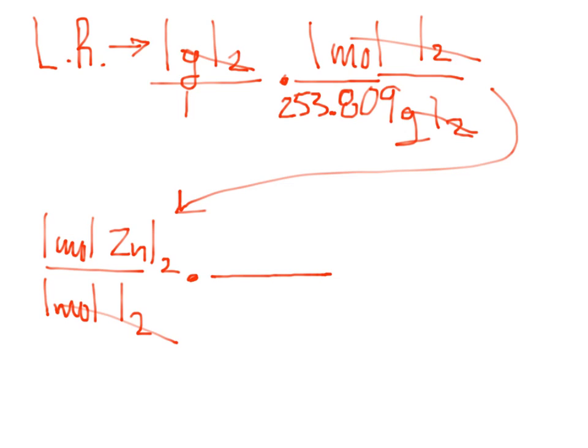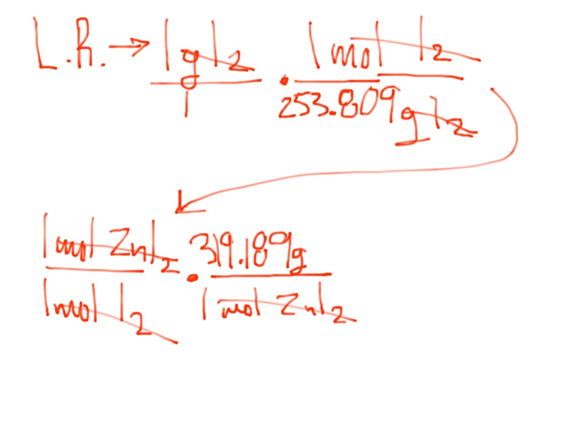And now we just get the molar mass of ZnI2 to figure out how many grams theoretically we will have. So in 1 mole of ZnI2, we can cancel those moles out, so we're just left with grams. There are 319.189 grams of ZnI2.